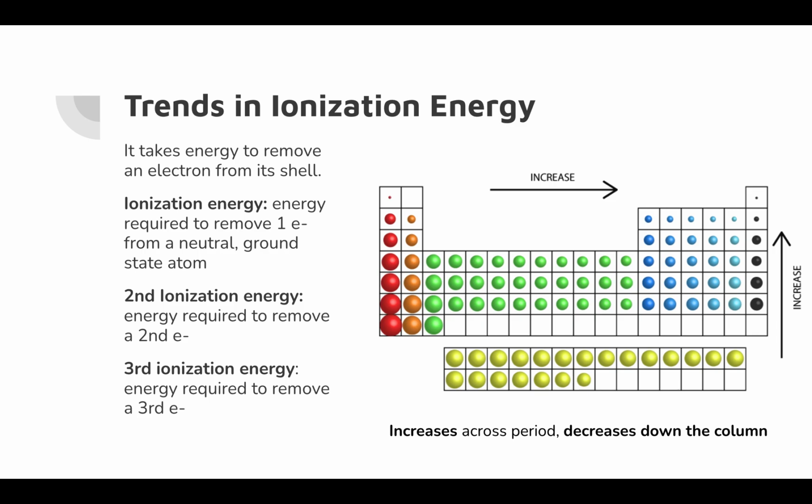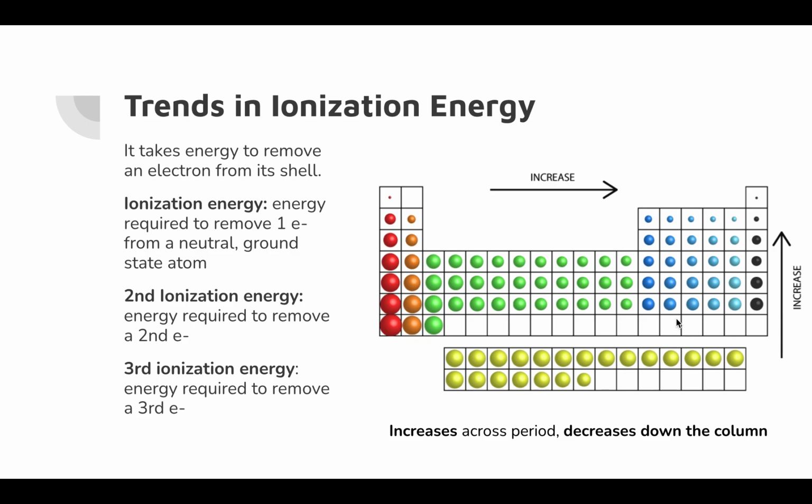Ionization energy is always reported in kilojoules, and it shouldn't be confused with delta H or anything like that. Energy generally increases moving from left to right, like it said, and this is because the atomic radius, like we see here, is decreasing, so there's greater attraction.